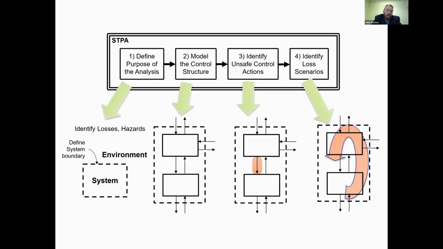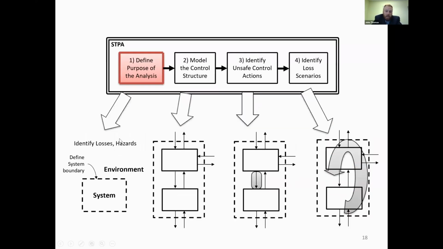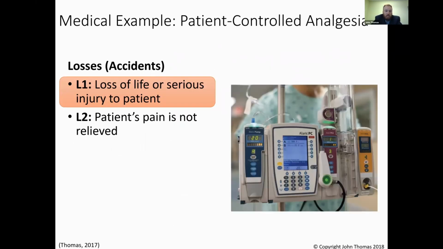So first, define the purpose of the analysis. One of the most important parts of this is to identify the losses we want to prevent. So let's do that. In a medical example, here's a patient-controlled analgesia. The idea is a patient may be in pain, and they can now push a button directly to have some pain medication injected into their body, so they don't have to wait for a nurse. Well, clearly this is a safety critical product.